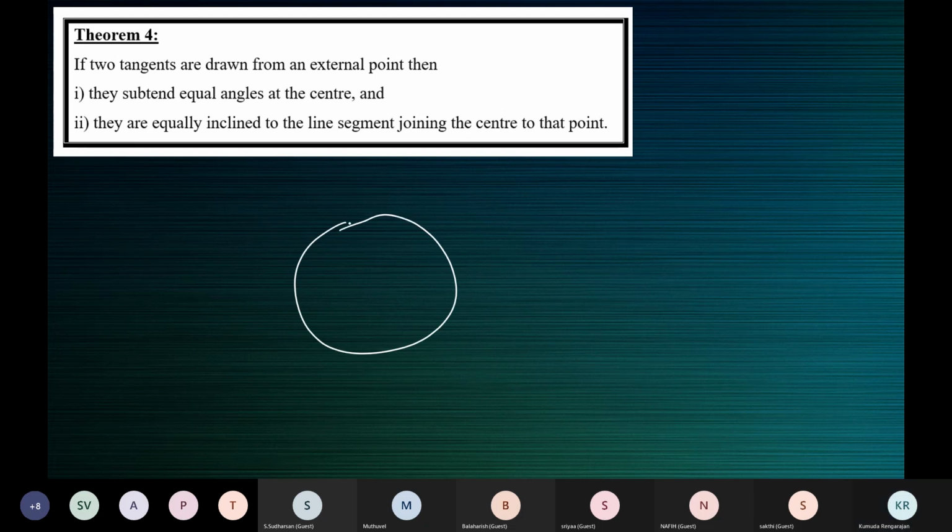Circle, tangents. This is the center of the circle.